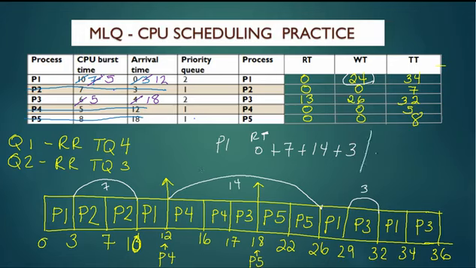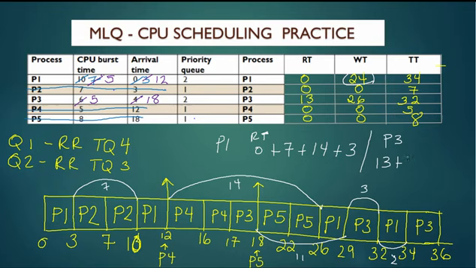And if you wanted to do the same thing for P3, you would take the response time, which is 13 time units, and then you would add any other time that P3 waited, which was 11 more time units here, and then 2 more time units here.